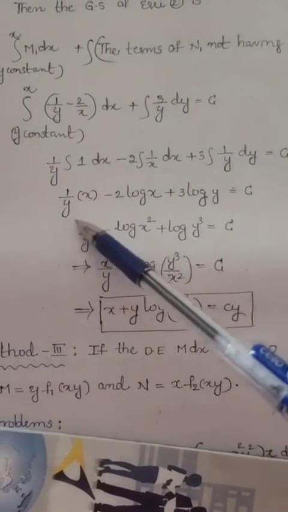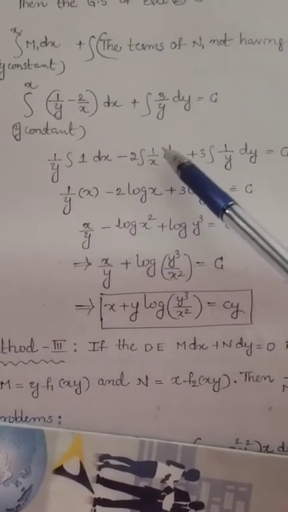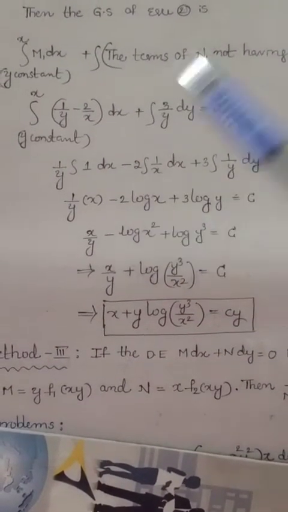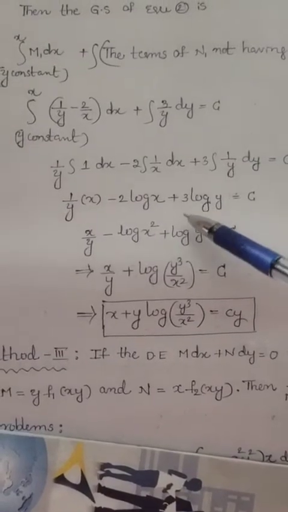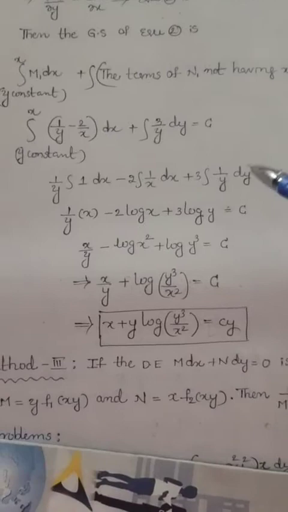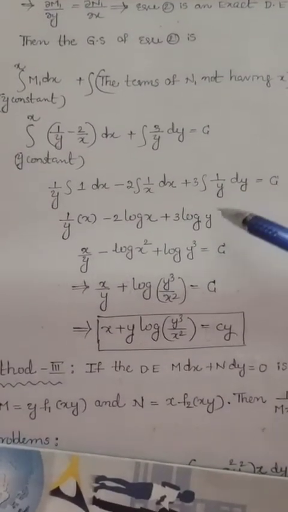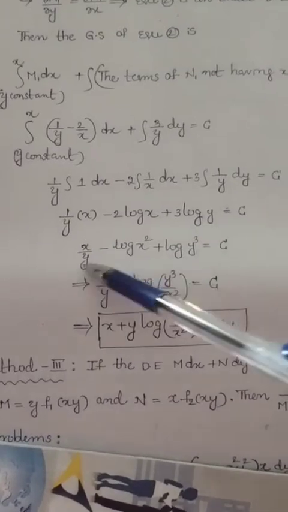That is, the integral of (1/y − 2/x) dx plus the integral of 3/y dy equals c. Here y is constant, so 1/y is taken as a constant: (1/y) times the integral of 1 dx, which is x, minus 2 times the integral of 1/x dx, which is log x, plus 3 times the integral of 1/y dy, which is log y, equals c.